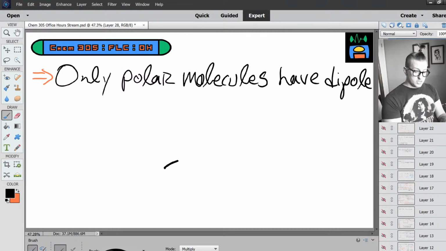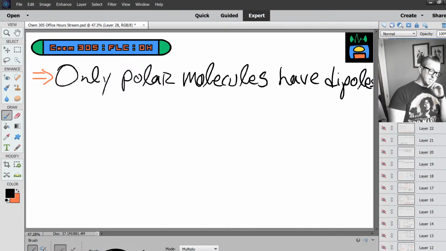So to say that a molecule is polar is to say that it has a dipole.